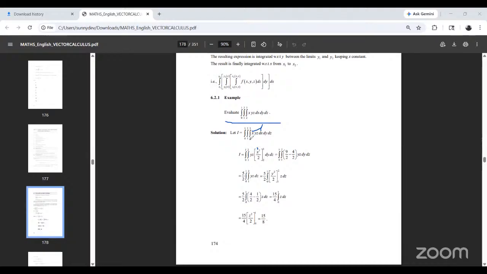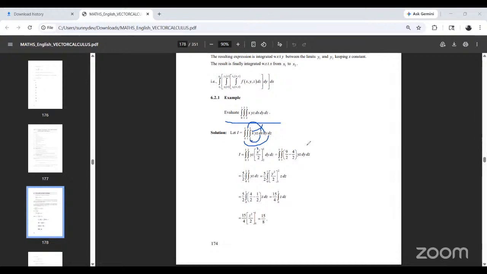These are the x limits, these are the y limits, and these are the z limits. The integration of x dx is x squared by 2. So the limits are 2 to 3.